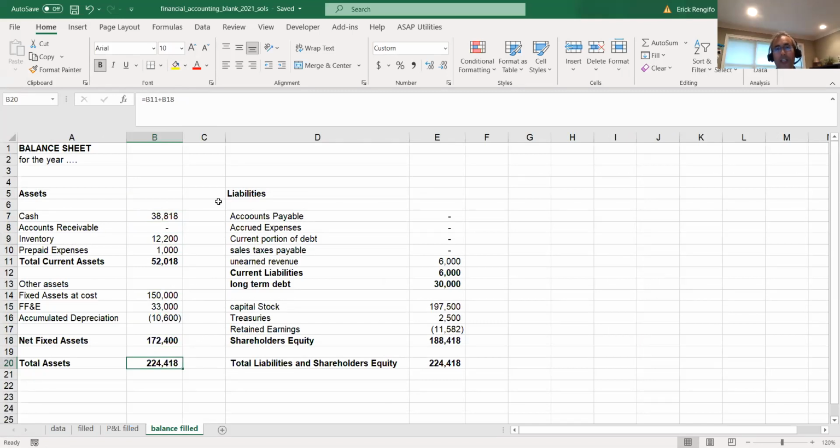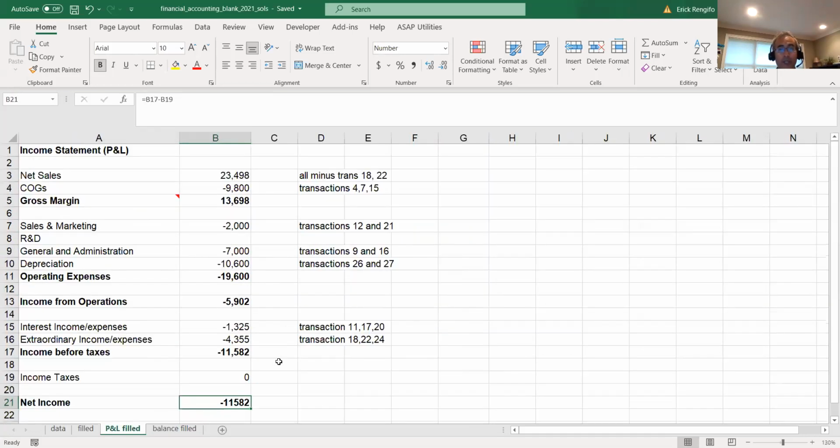Now in the liabilities, I don't have any accounts payable. I don't have any accrued expenses, current portion of debt. I don't have sales tax payable. I have unearned revenue, $6,000. I have a long-term debt, $30,000. My capital stock, treasuries, and retained earnings. So this one here, guys, is exactly this piece here.